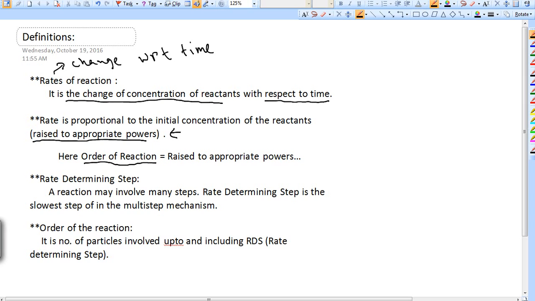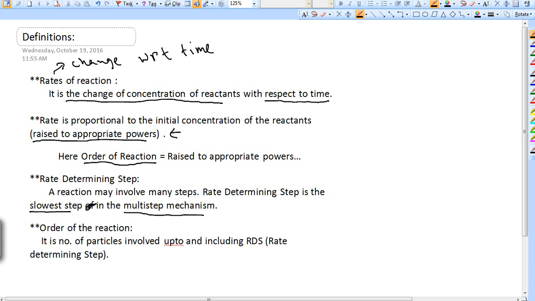At first, let us know what is meant by the rate determining step. A reaction may involve many steps. The rate determining step is the slowest step in the multi-step mechanism.